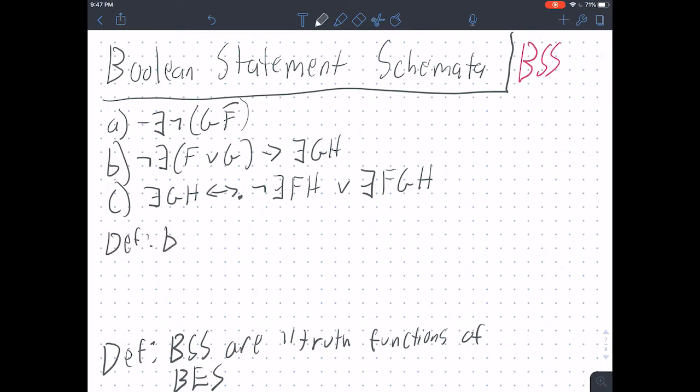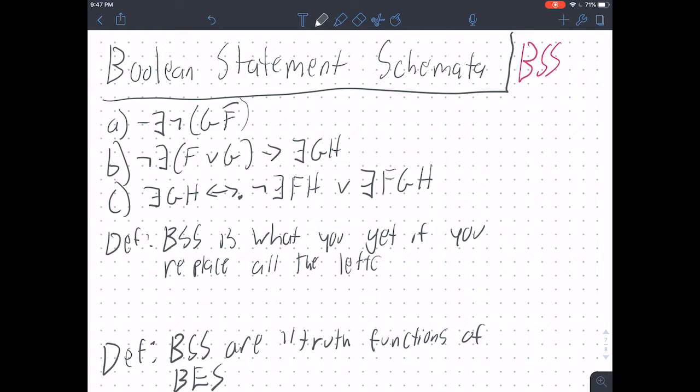So I guess more intuitively, maybe a better definition is a BSS, or a Boolean statement schema, is what you get if you replace all the letters in a truth functional schema with Boolean existence schemata.